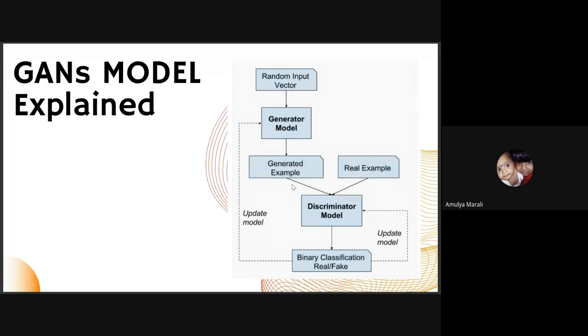So the generator model has not done a good job of generating a fake flower image that could fool the discriminator. This is not good for the generator, so it goes back and updates the model.